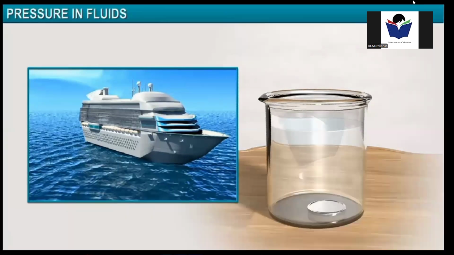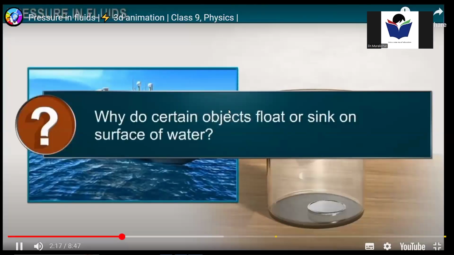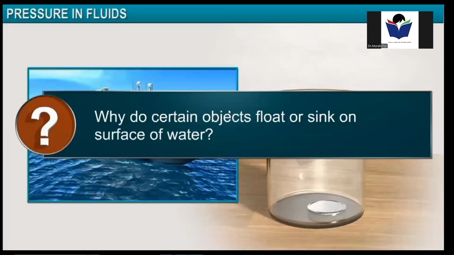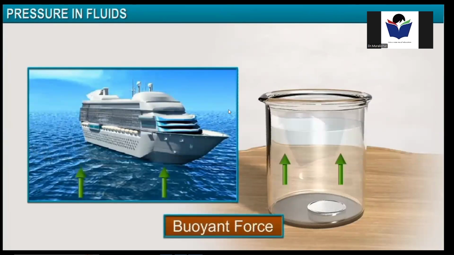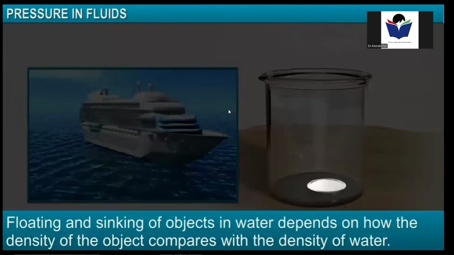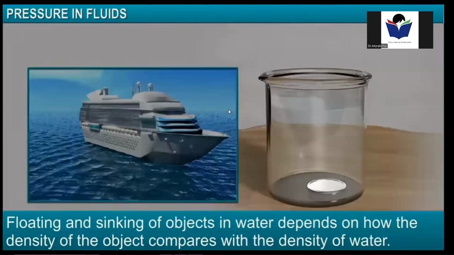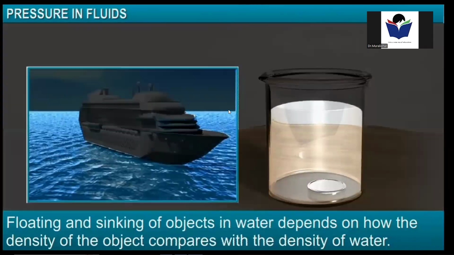The concept of buoyancy explains why certain objects float on water while others sink. All objects experience buoyant force when immersed in water. Floating and sinking of objects in water depends on how the density of the object compares with the density of water.